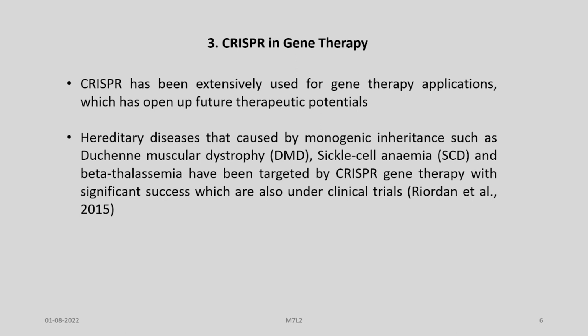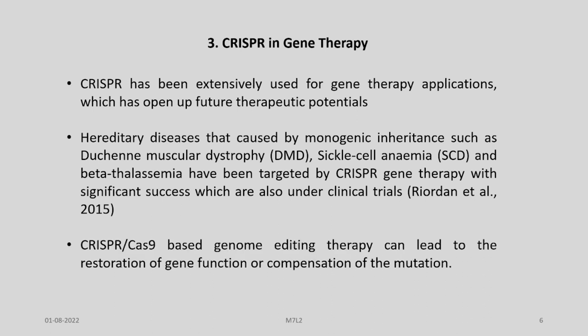Those caused by monogenic inheritances such as Duchenne muscular dystrophy or DMD, sickle cell anemia and beta thalassemia have been targeted by CRISPR gene therapy with significant success and are currently under clinical trials.